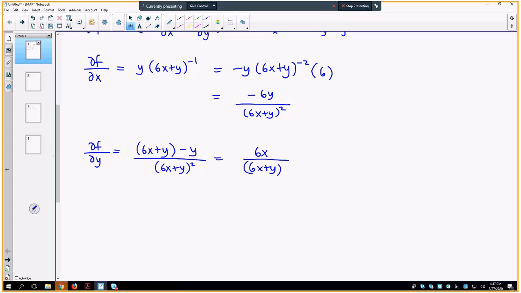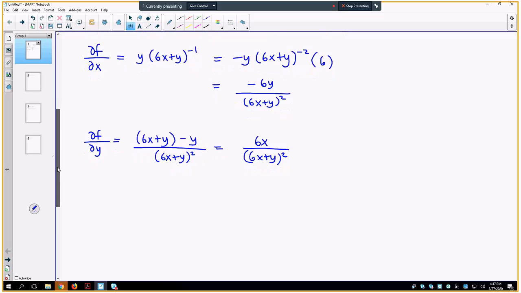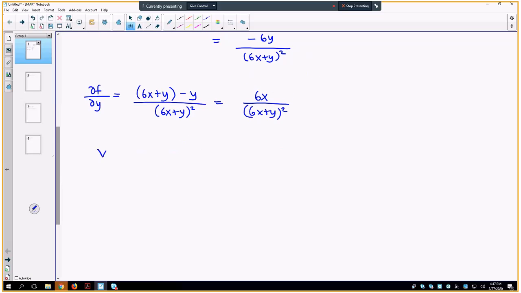So we found our two partials. That means we get to say that the gradient of f is going to be minus 6y over 6x plus y whole squared, i cap, plus 6x over 6x plus y whole squared, j cap.